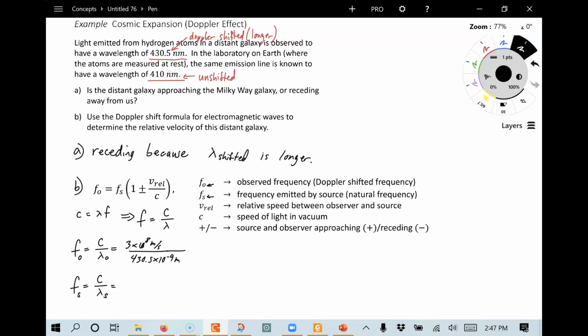And for lambda s, the source frequency, that's going to be, again, speed of light, 3 times 10 to the 8th meters per second, divided by, this is the laboratory line here, 410 nanometers.